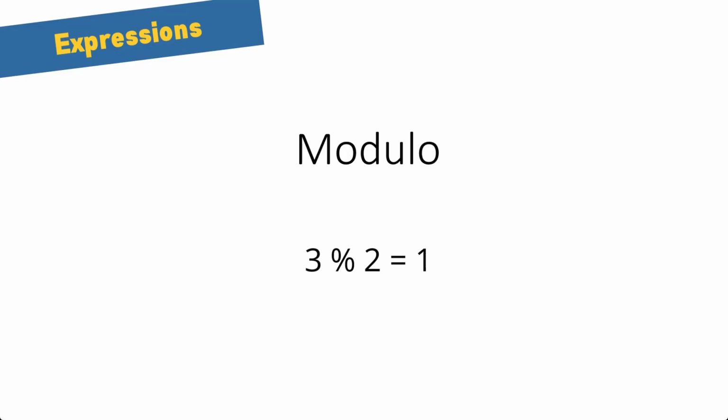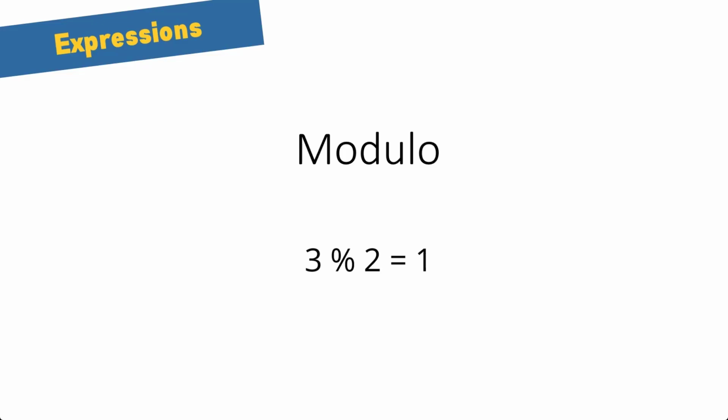Now you might be wondering what the heck this could ever be used for. Well, for one thing, it can tell us if one number is cleanly divisible by another. That is to say, there's no remainder when we perform the division. In this case, modulo would return a result of 0, meaning no remainder.